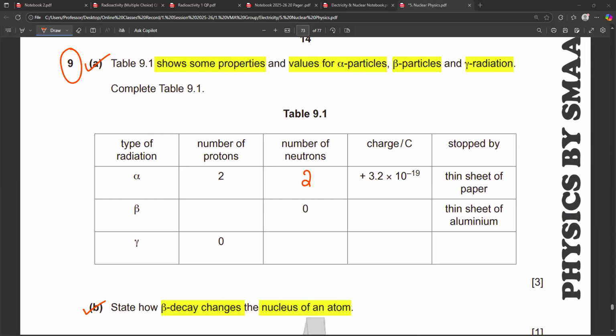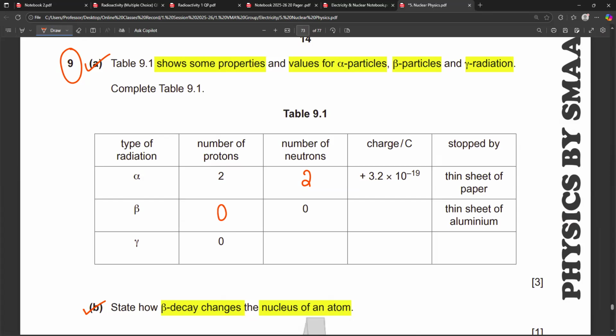Beta is simply a fast moving electron. It means we have zero protons in beta, because beta is itself a fast moving electron. So how will a proton number be present in an electron, right?